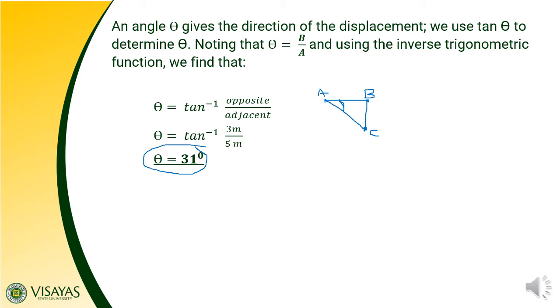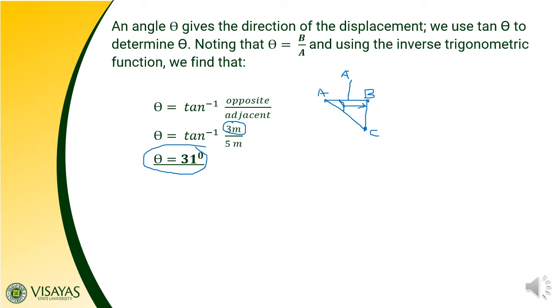Yung opposite kasi is yung katugbang nung angle. So, ito, katugbang nung angle. So, from point B to point C. So, ang given natin from point B to point C, or distance from point B to point C, is 3 meters. Tapos, yung adjacent ay ito. Ito yung adjacent. Tapos, ito naman ang hypotenuse. So, ito yung hinahanap natin kanina na displacement.